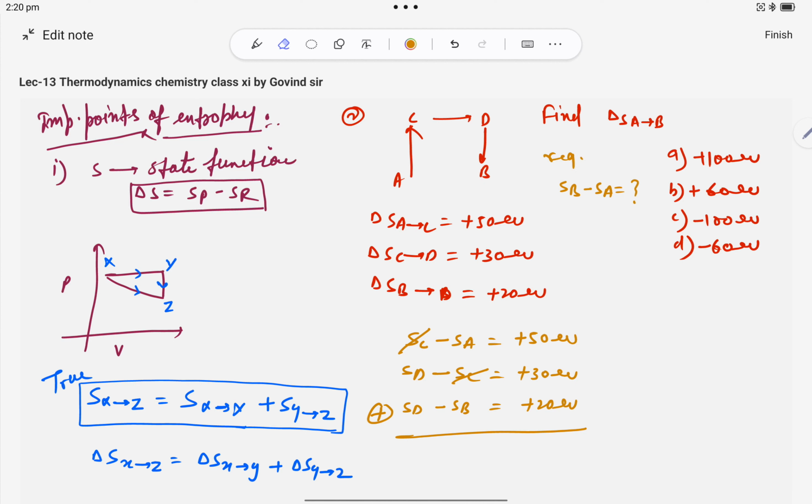I am reversing, so it will be SB to SD, and its sign also reverses, so minus 20 EU. So what happened now? D to D cancels. What are you getting? SB minus SA is equal to 60 EU. So 60 EU is your answer.